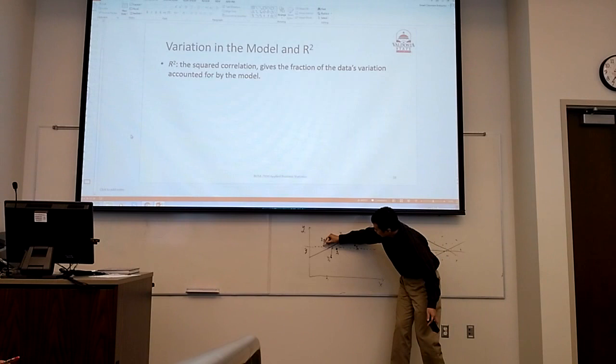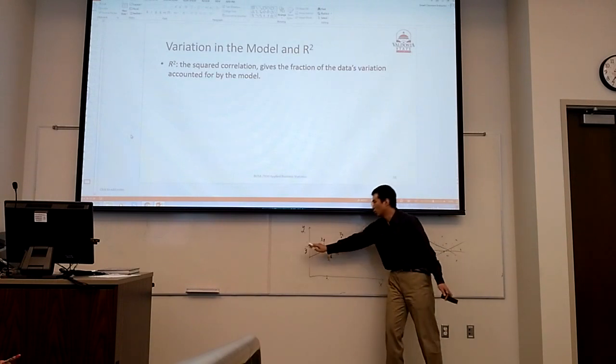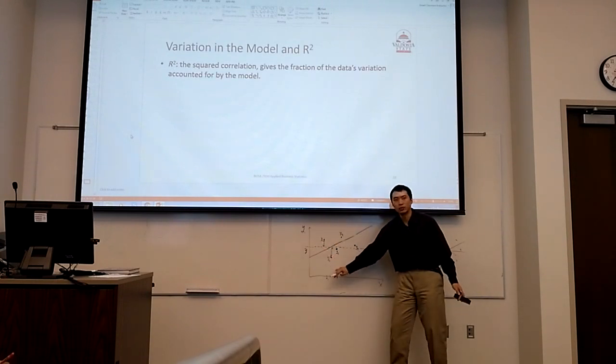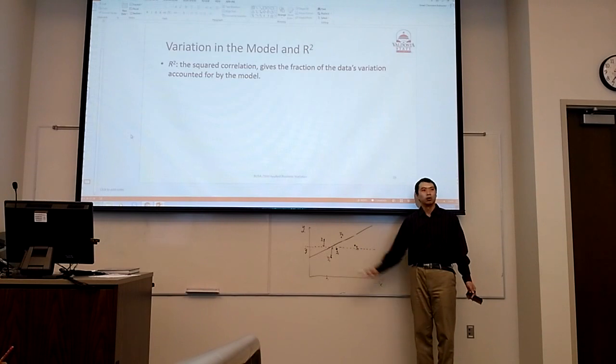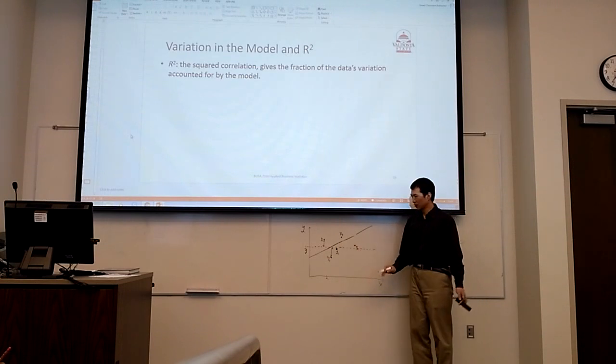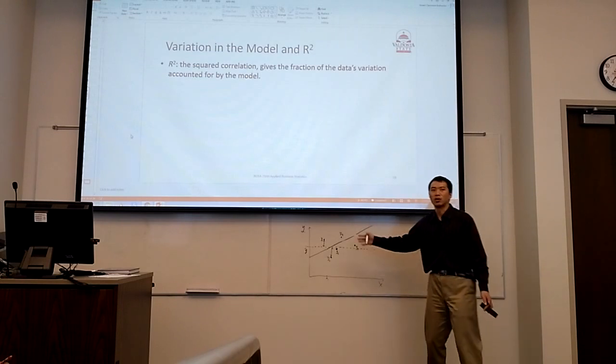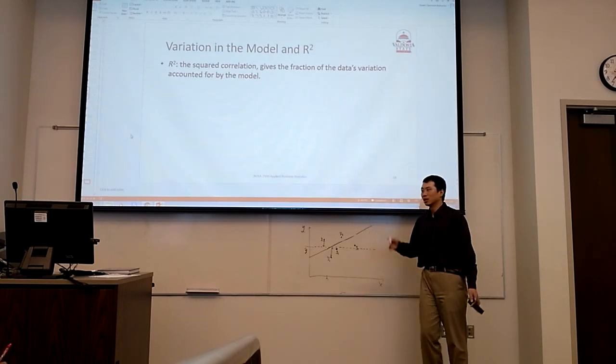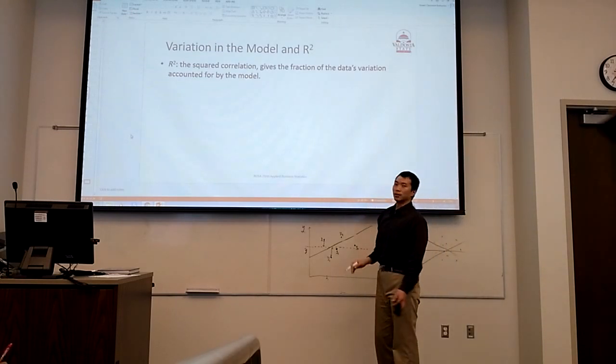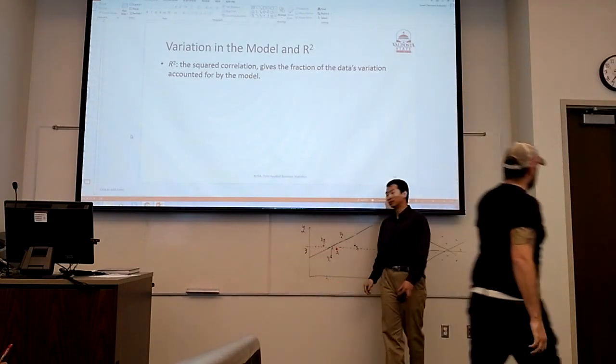That's the difference between y1 and y bar. This is the difference between y2 and y bar. That's the variance from the original data. But what does this mean? Now we have the regression model.